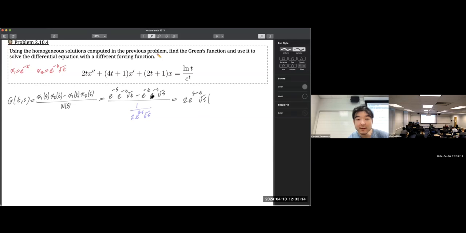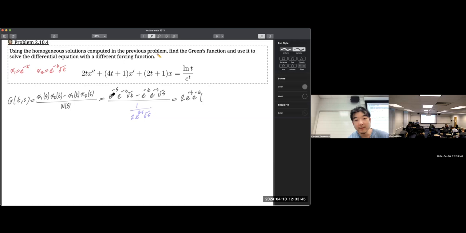So we have e to the negative s squared, so there's going to be a 2 on the top for sure. And then you're going to have e to the negative s and e to the negative s. Those are common, so I'm just going to pull out e to the negative s, e to the negative t. Those are common.